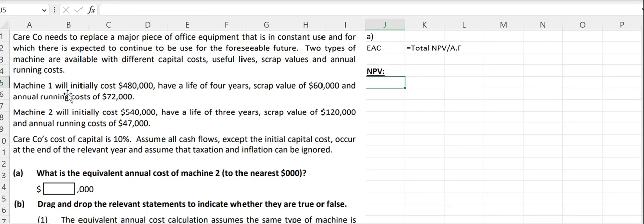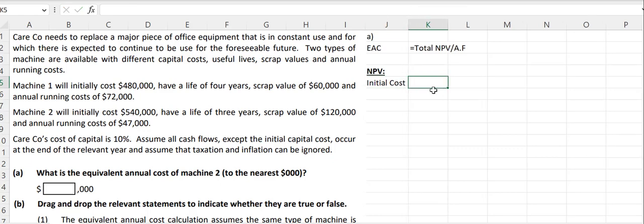We are supposed to calculate the equivalent annual cost of machine 2, so we'll just be discussing machine 2. Machine 2 will initially cost $540,000, so that's our initial cost.